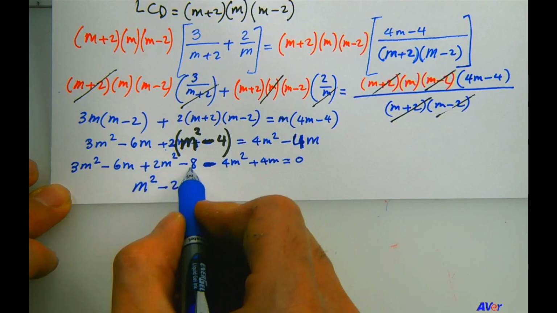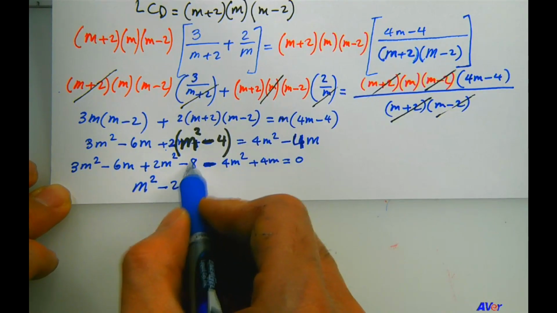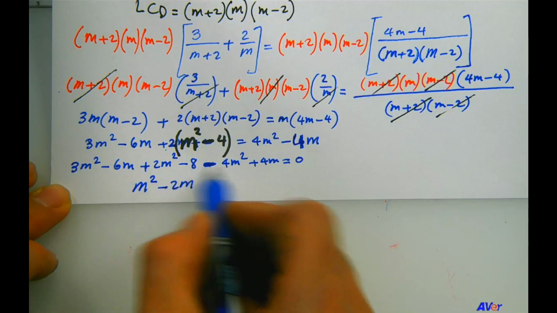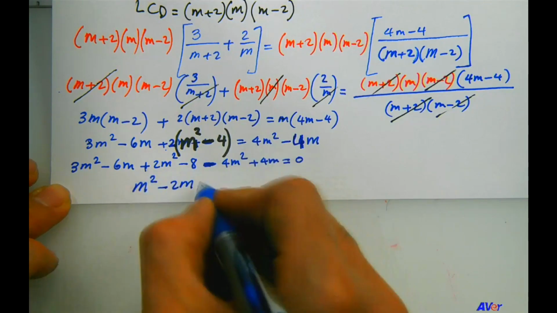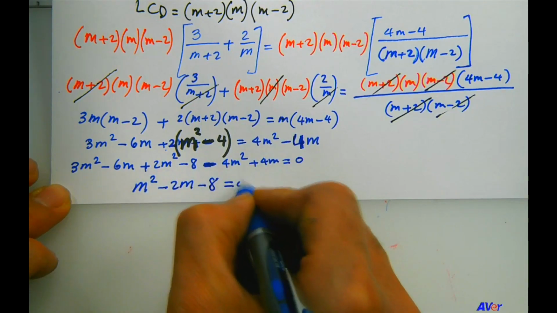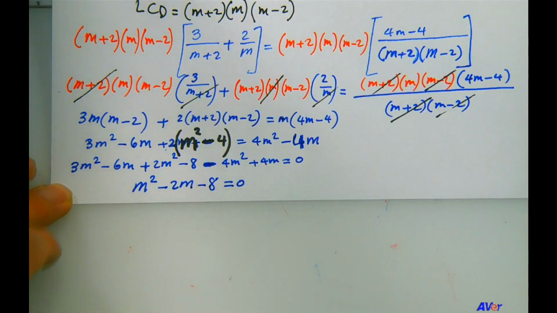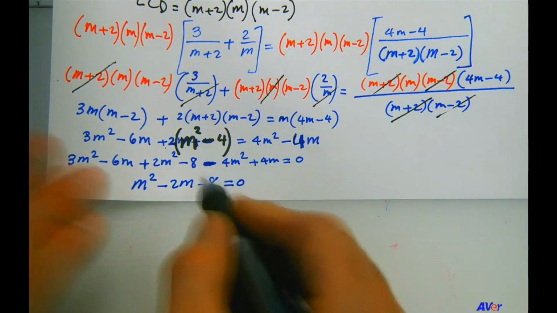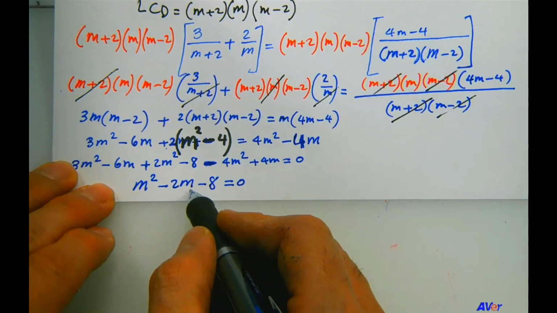Then we have minus 8. Is there any other constant? No. So minus 8 equals 0, right? So this expression is an easy expression to factor.